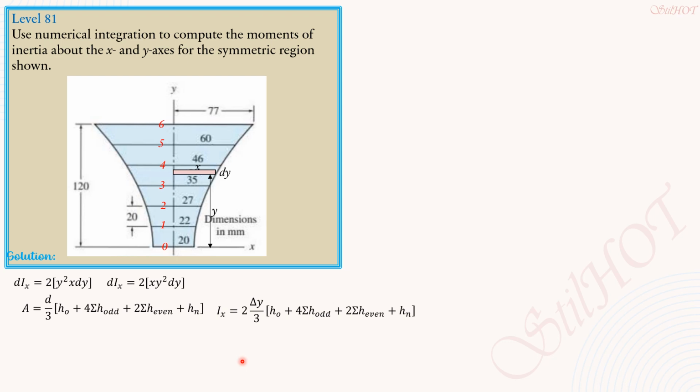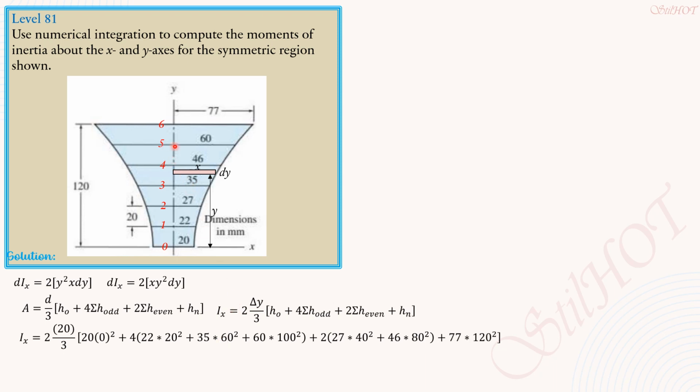numbering. So Ix, which is interpreted by this, and this is now the formula, is equal to 2 times 20 over 3 quantity 20 times 0 square plus 4 times quantity 22 times 20 square. This is odd 35 times its distance from the x-axis 60, so 60 square.